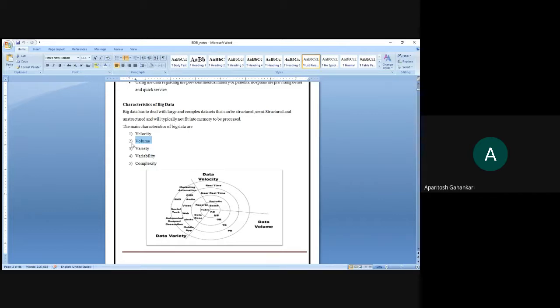Every human activity is generating data, because you have your own smartphone, and that smartphone is tracking each and every activity.